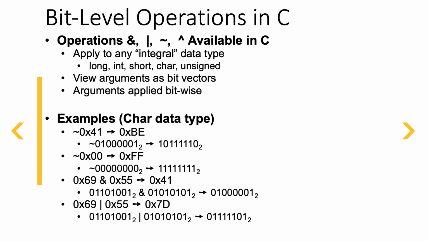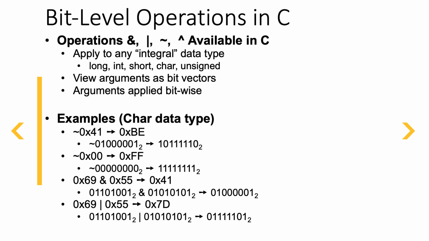Now, something that's very nice for us when we use C is all of these bit level operations are available in the C language. They apply to any integral, so any integer data type, so longs or ints, shorts, characters, unsigned. We view the arguments as bit vectors and then just apply the operations bitwise, just like we have been. So let's say we have a char, or a character data type.